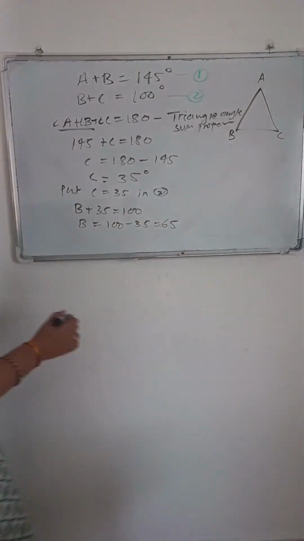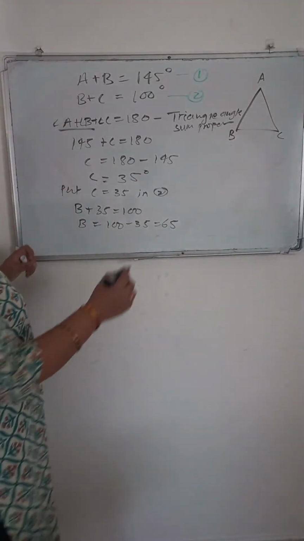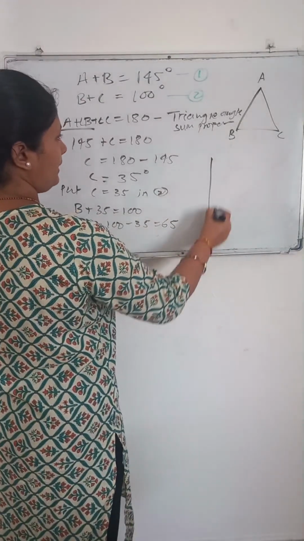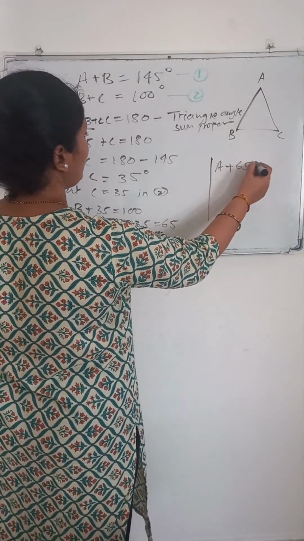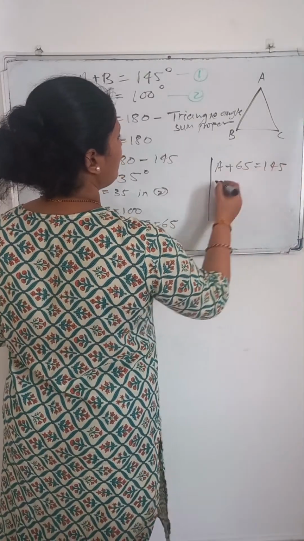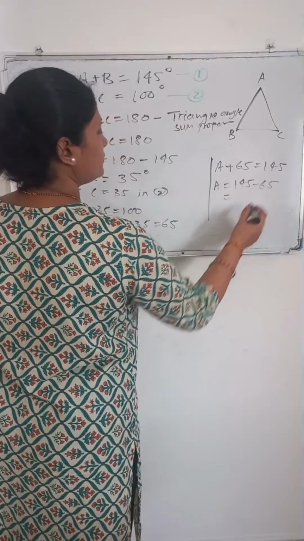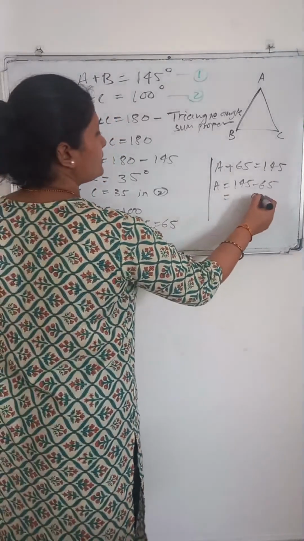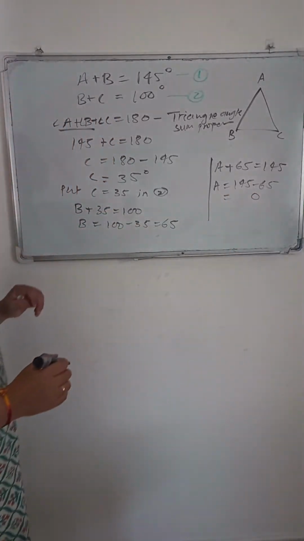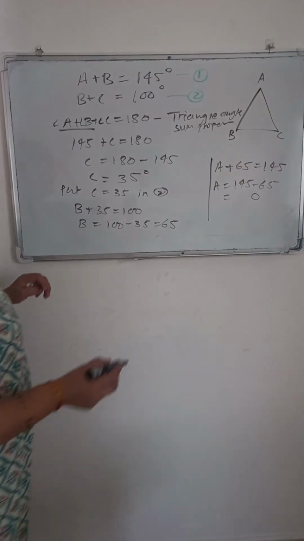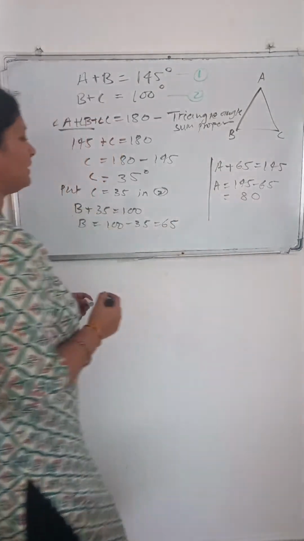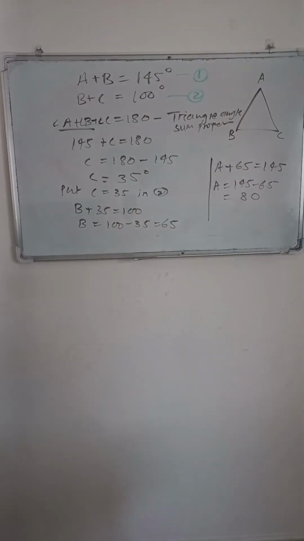And once you get this, then you can easily calculate A. So A plus B, 65, is equal to 145. So A is equal to 145 minus 65. So 5 minus 5 is 0, and 14 minus 6 is nothing but 8, so 80.